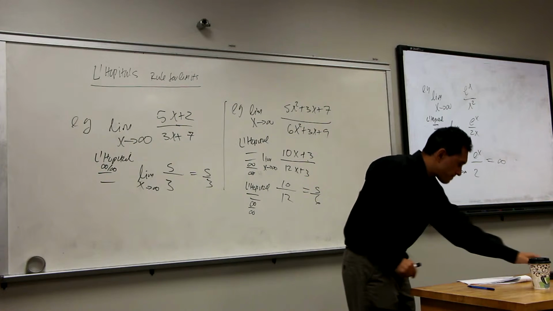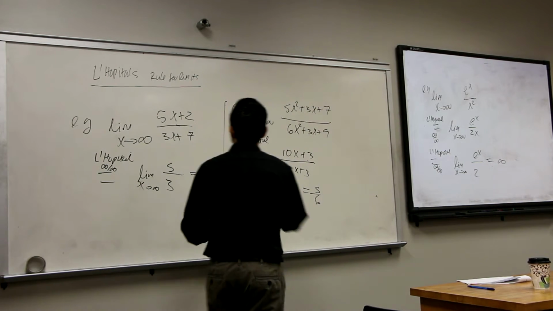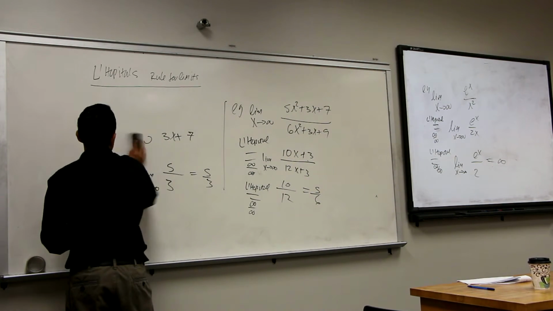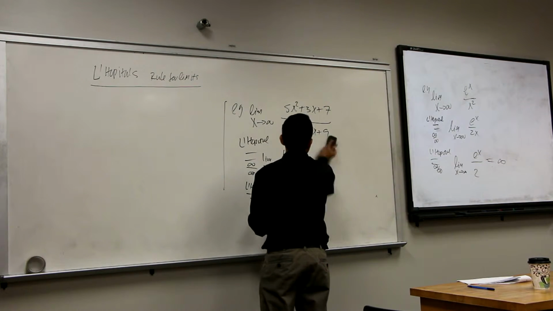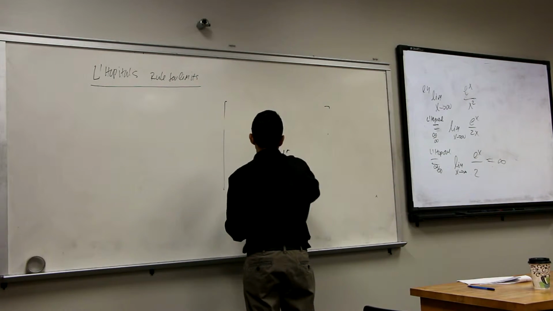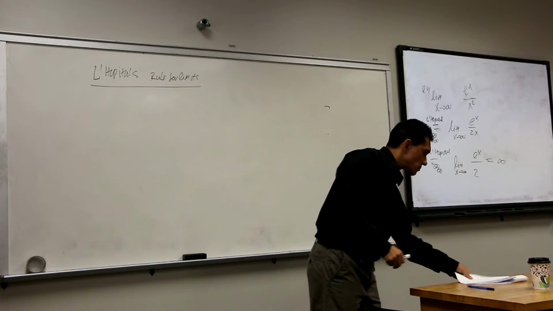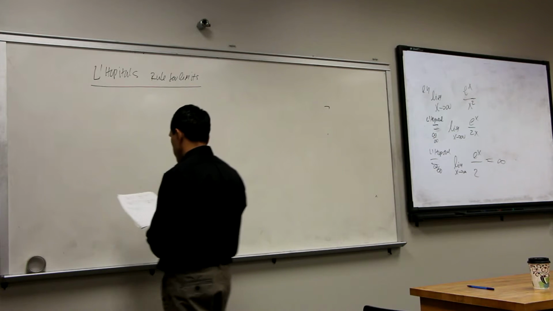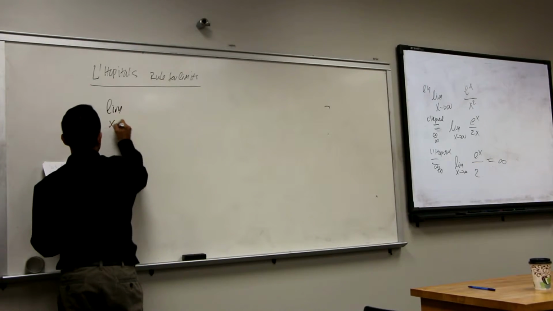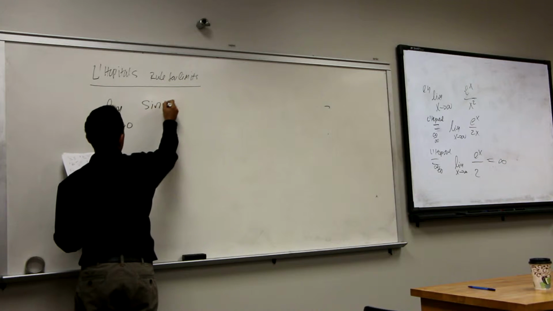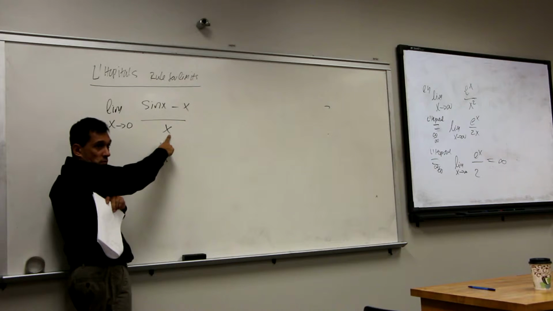Let's do another one. Let's do a 0 over 0 one. As x goes to 0, the numerator goes to 0.